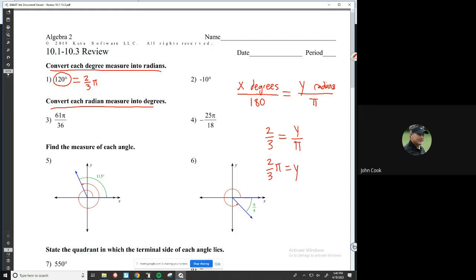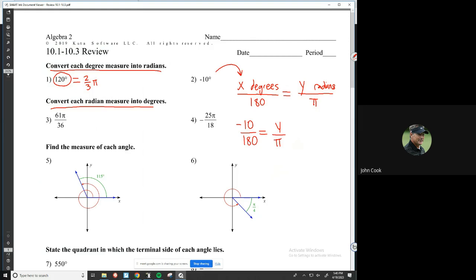I'm not joking. Even with a negative degree, let's use negative 10. I'm just going to plug it in for x over here. So negative 10 degrees over 180 is equal to y over pi radians. Let's reduce it as much as possible. If you want, you can use your calculator for this.